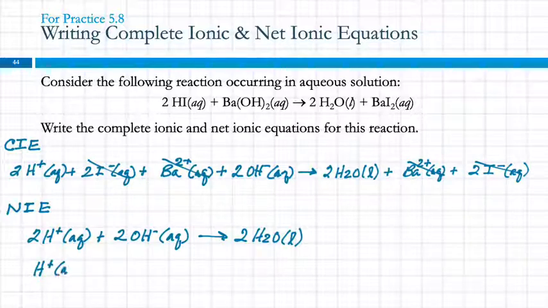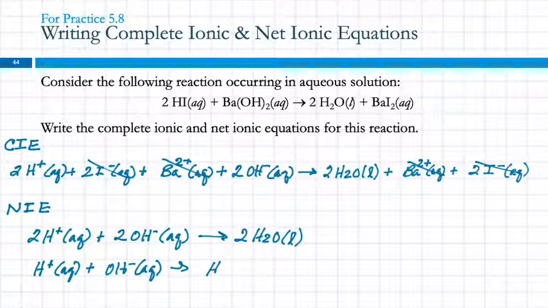So this should be written H plus OH minus, making H2O. That's not something I'll try to trick you with on an exam. But if you come up with this as your net ionic equation, and this is the correct choice, then that one won't be shown, and you need to recognize, oh yeah, these are essentially the same thing.